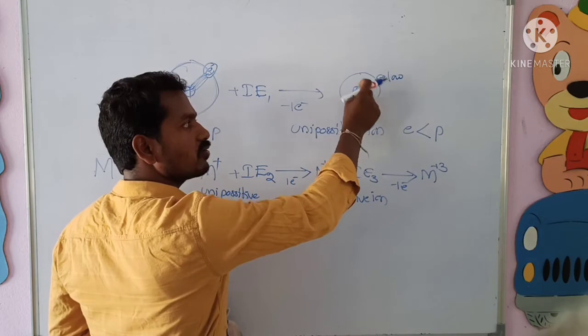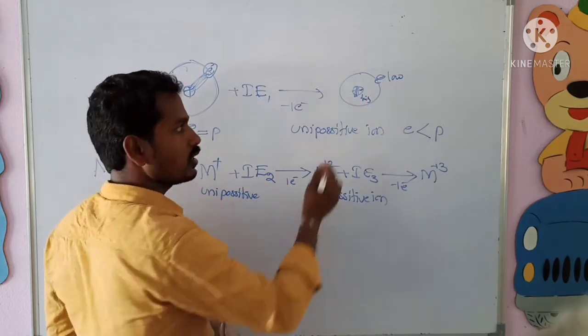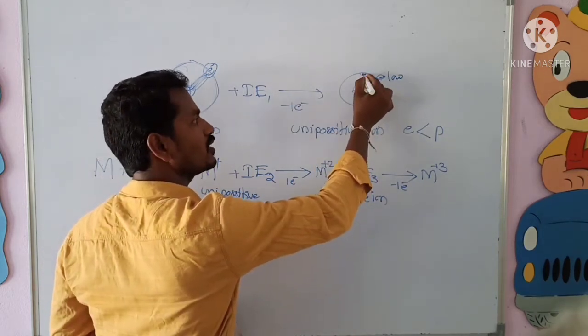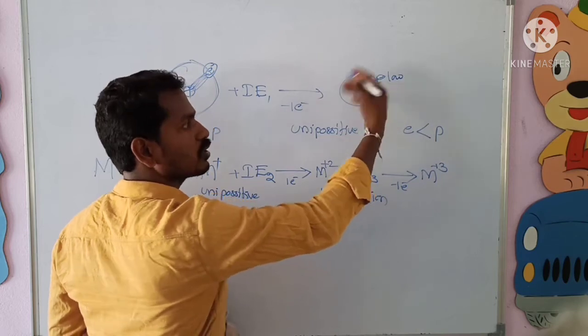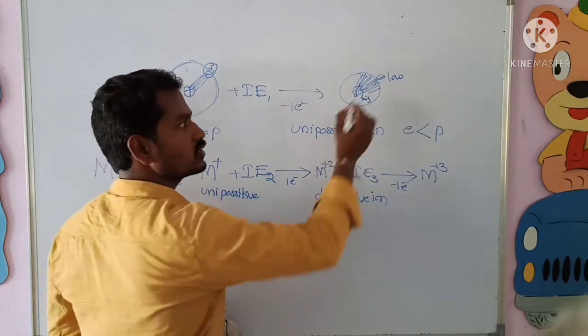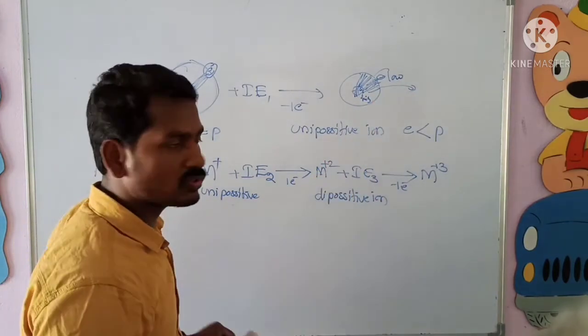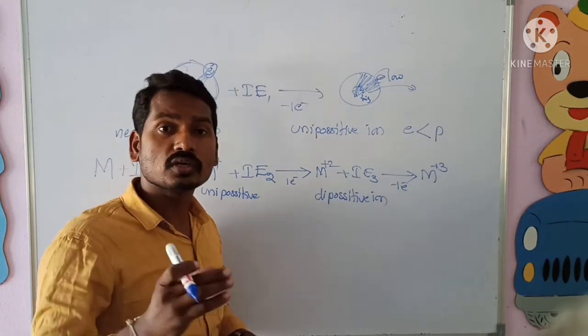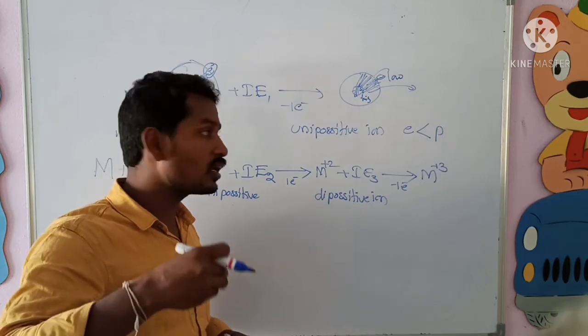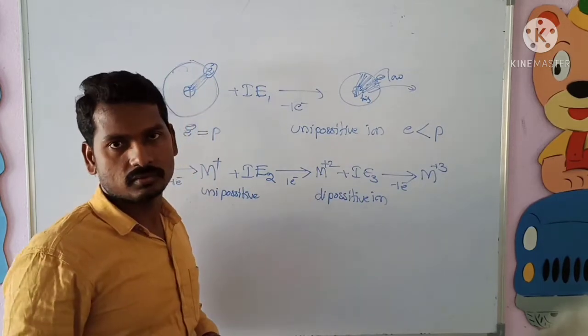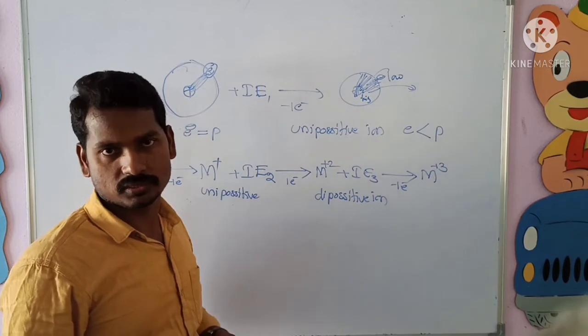By the increase of nuclear charge, the attraction force increases on which one? The outermost electron. So to remove the electron from the unipositive ion, you have to apply more energy compared to the first case.